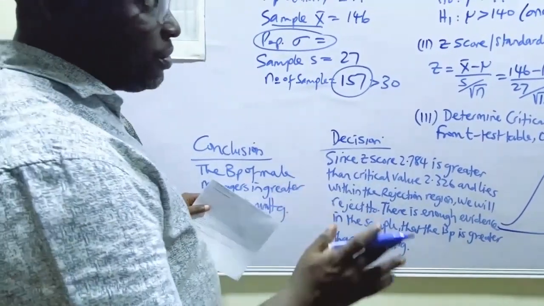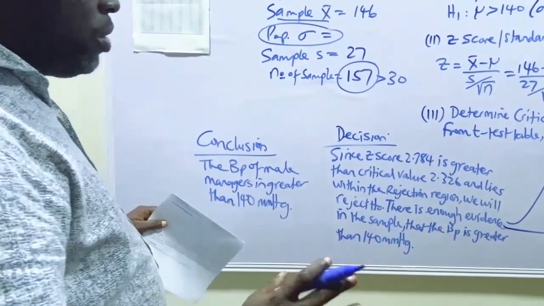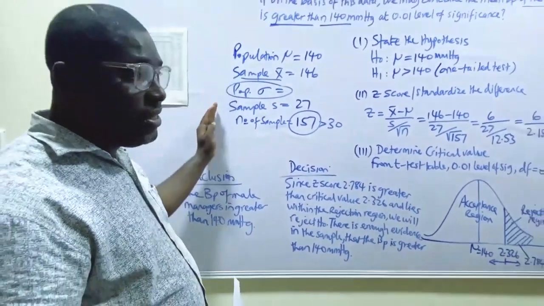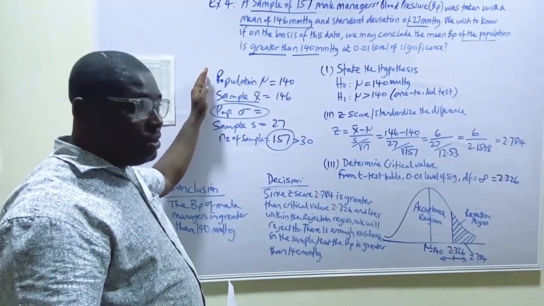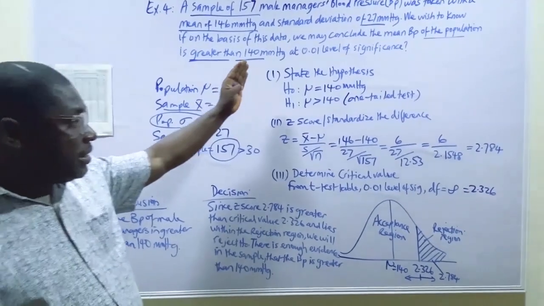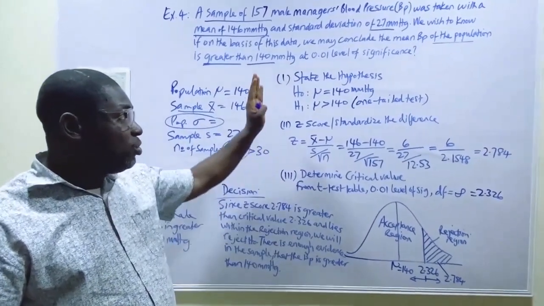So this gives us the solution to this question. Remember how we started? You have to identify the values in your question, population, sample, and all that. Then these are the steps you need to take in order to solve this problem.